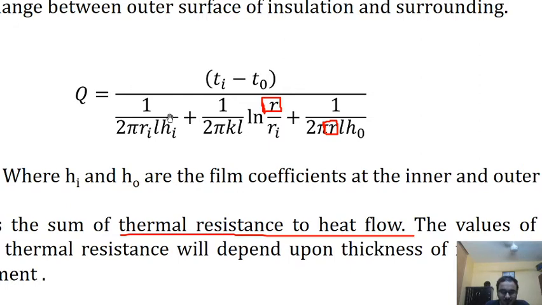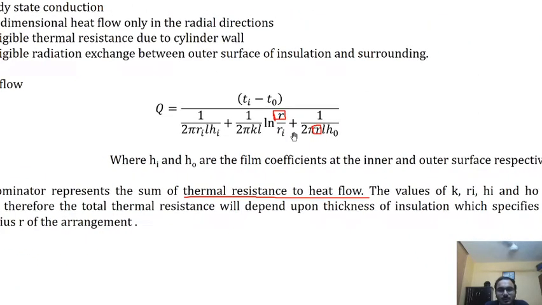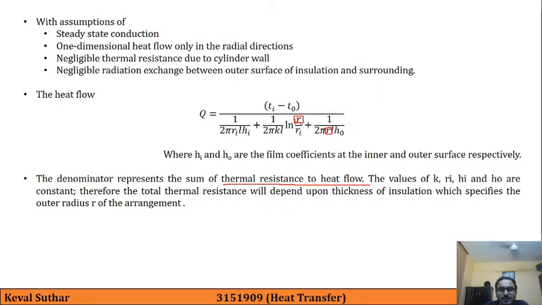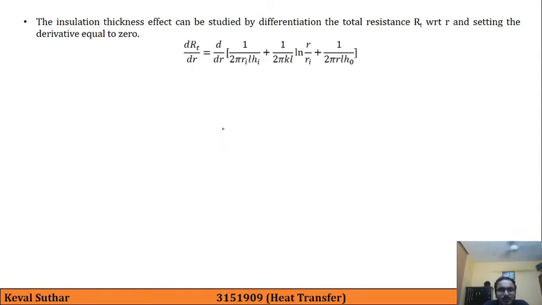So if this total is thermal resistance, then with increase of r, the second term increases, however the third term decreases. So we cannot confirm what will be the overall effect of increase in radius on thermal resistance. To obtain that effect, we need to differentiate thermal resistance with respect to r.